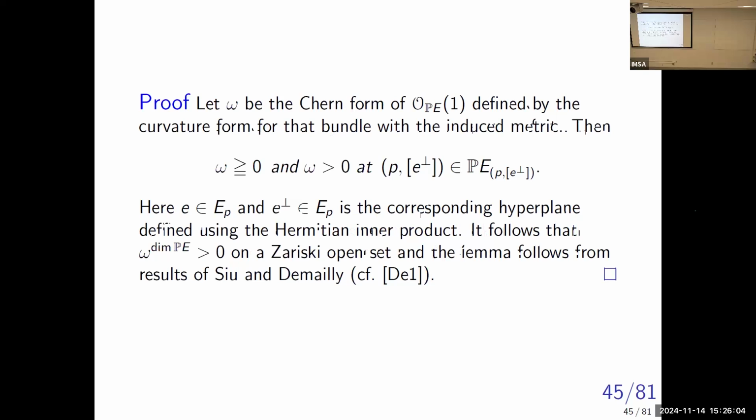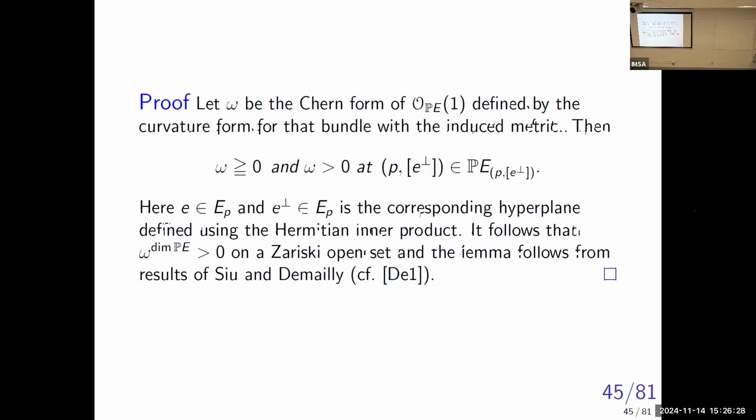What about the Chern form of that line bundle? Well, along the fibers, you're just looking at the O(1) bundle on projective space. So its Chern form is the usual Fubini-Study form, it's positive. So this line bundle has positive curvature along the fibers of the projective bundle.